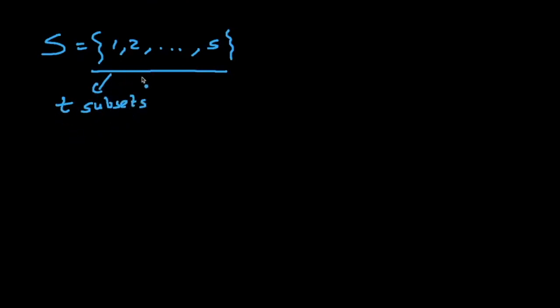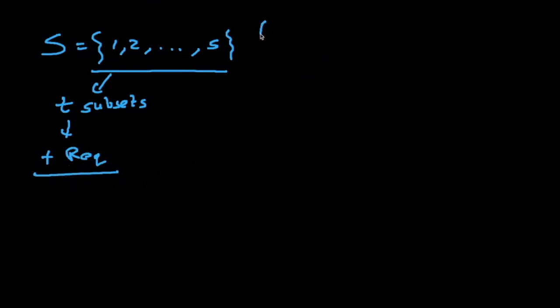Okay, so this t subsets, or rather at max t subsets, should essentially cover all of these elements. So every element has to belong to exactly one of these subsets, and the subsets have some additional requirements, and these additional requirements will depend on the problem at hand.